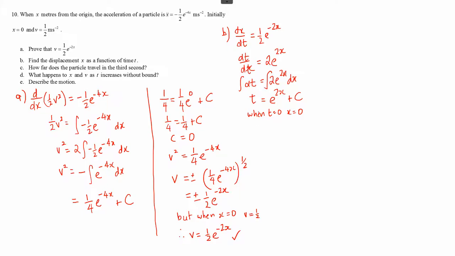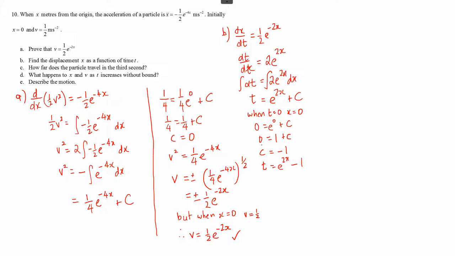We substitute these in to find the value of c, and we get 0 equals e to the 0 plus c, which is 1 plus c. So the constant is minus 1, and then t equals e to the 2x minus 1.